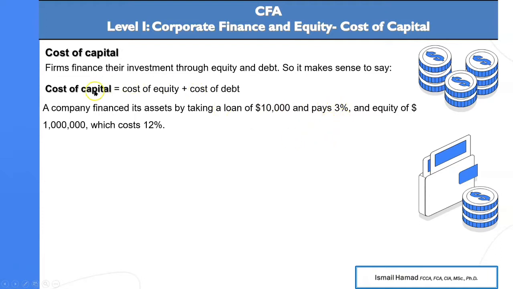So as per this equation, we should simply add the cost of equity plus the cost of debt. 12 plus 3 will give us 15. But this doesn't seem right.